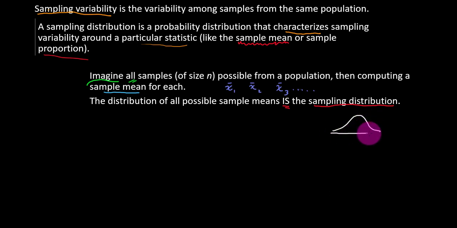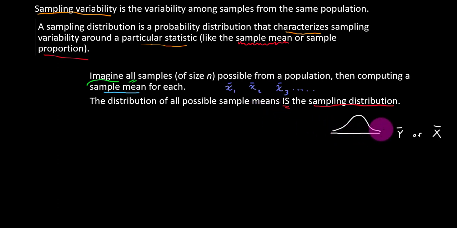It doesn't necessarily have to be normal, but that is ideal. And I wouldn't label this y and I wouldn't label it x, right? Those are our two main letters. But I would actually need to label it y with a bar or x with a bar, because this would be the distribution of not individual observations, but sample means.